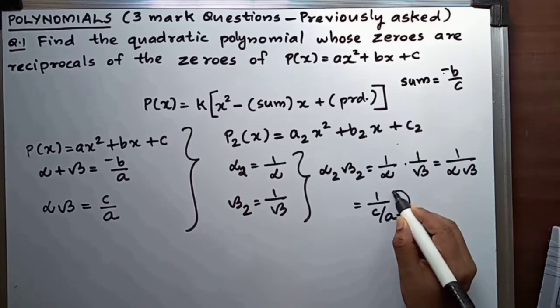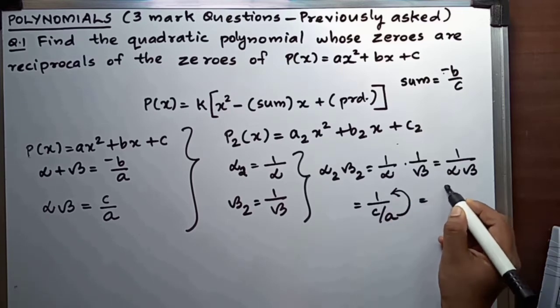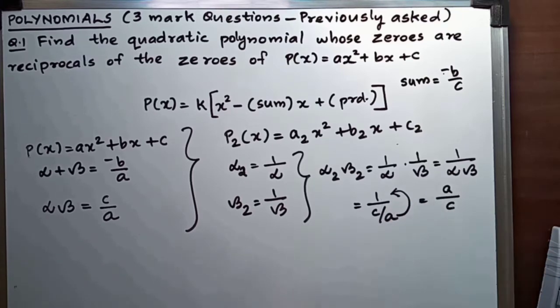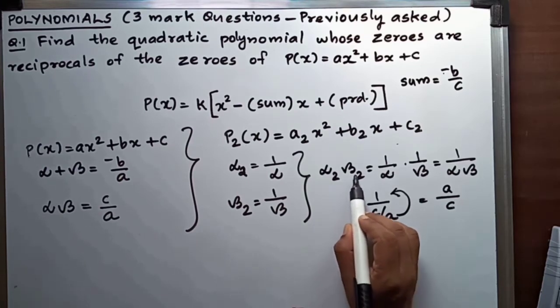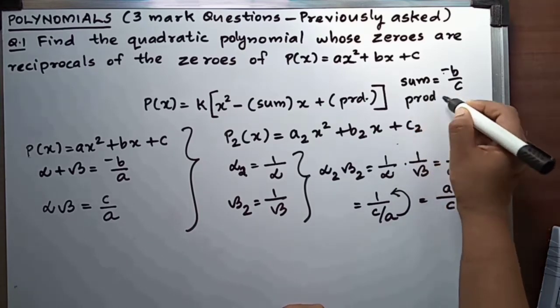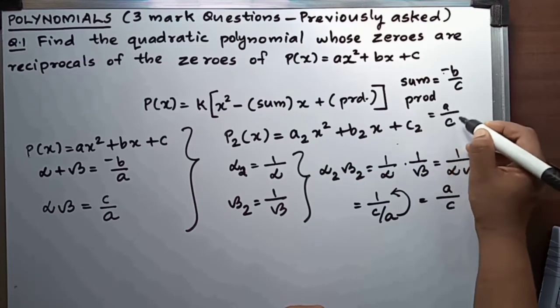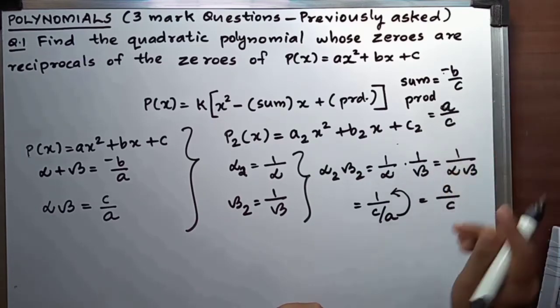This a will go to the numerator part, right? 1 into a by c. So what we got is alpha 2 beta 2, that means product of zeros of the required polynomial is a by c.